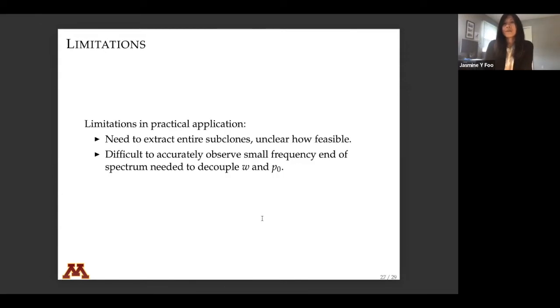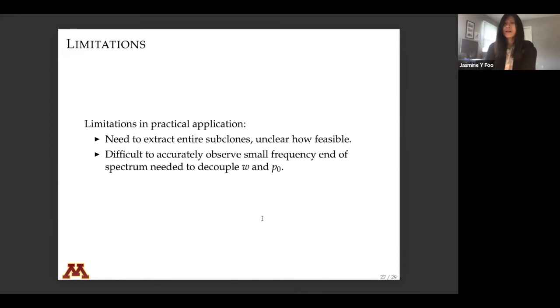Okay, so that's pretty much all I have, and I wanted to mention in the end some limitations. In the practical application of this estimator, one of the things we stipulated at the beginning was that you have to extract the entire subclone.